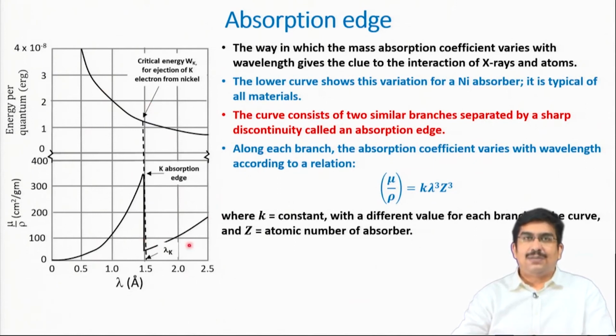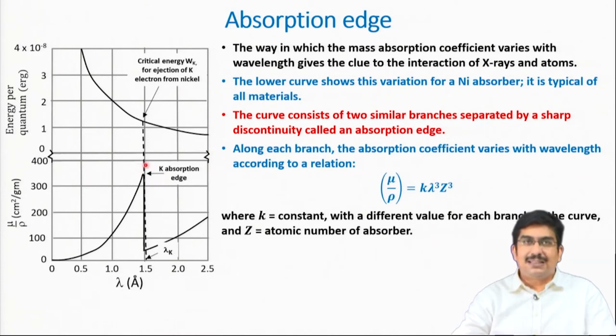In this one, the curve shows two distinctly different branches, and one side of the curve is separated from the other side by a sharp discontinuity. A very sharp discontinuity means there is a huge jump in the mass absorption coefficient over a very small wavelength range, and it increases many fold.